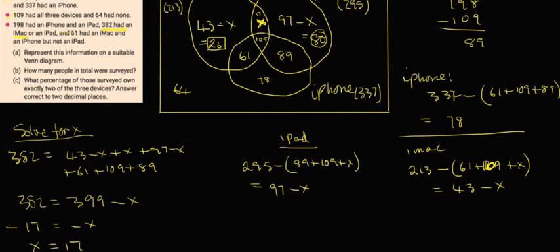That's part B now. So how many people in total? So we have to add all of these numbers up. The total people surveyed is equal to 26 plus 17 plus 80 plus 61 and 109 plus 89 plus 78 plus, don't forget, the 64.